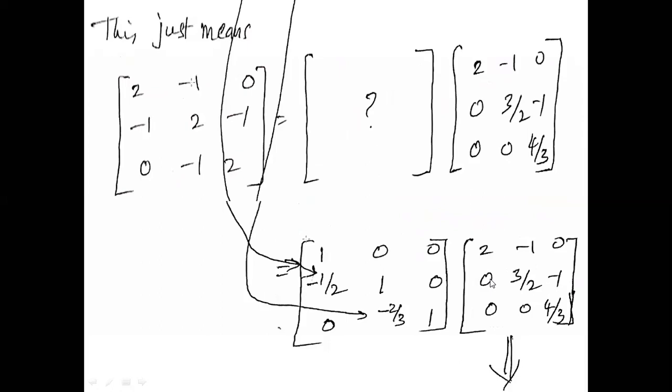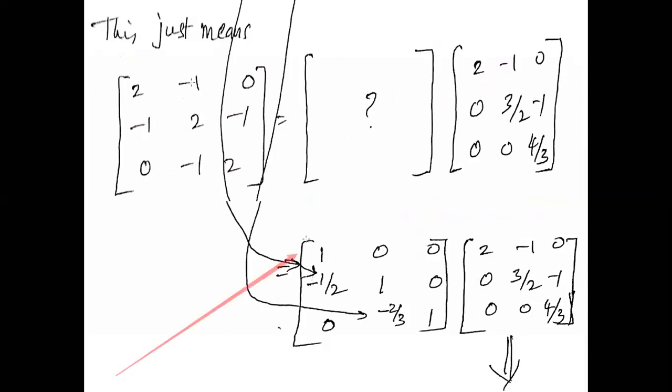So now we have these two matrices, one which I got from doing the row operations, and one which I have got knowing the structure of L. If I multiply these two matrices, I should get my original matrix.